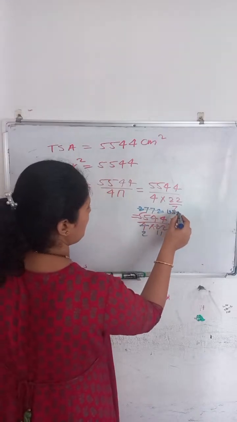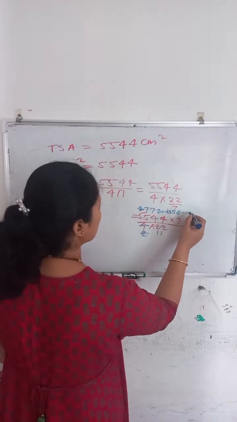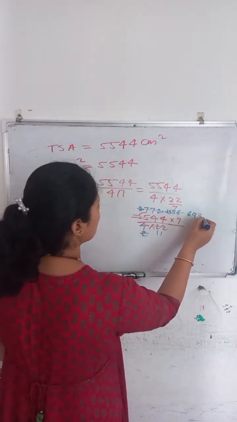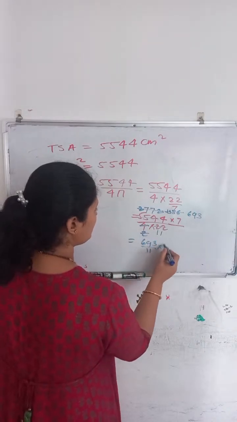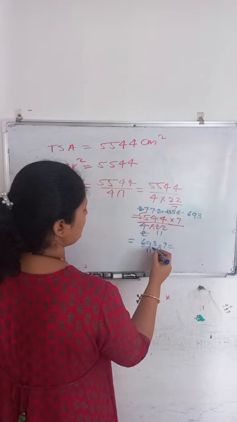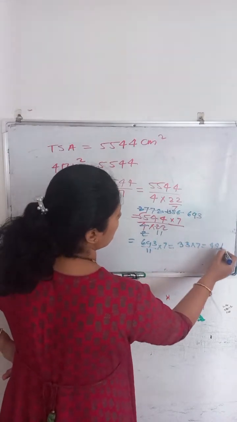Again you can divide this, then you will get 6, then 9, then 3, then 693 by 11 into 7. 693 by 11 is nothing but 33 into 7, that is 441.